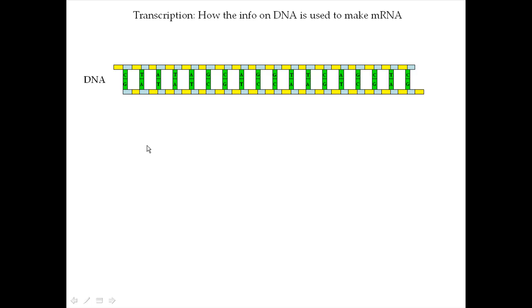So say that here is a gene on a DNA molecule. And again, the goal of transcription is to read this information and make a messenger RNA out of it. What we'll mention right up front is that this process of transcription looks very similar to the process of DNA replication that we took a look at last week.